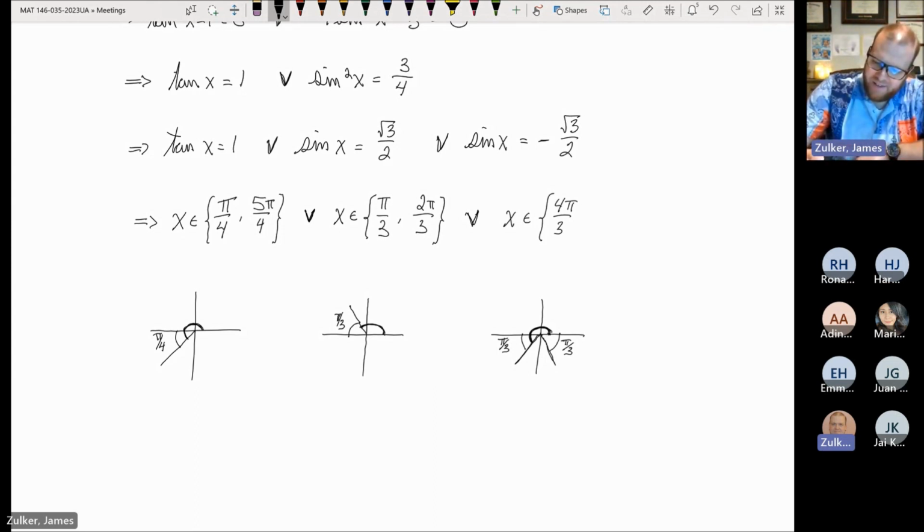Then we just need the quadrant 4. So let's do that in orange. So that would be 2 pi minus pi over 3, wouldn't it?